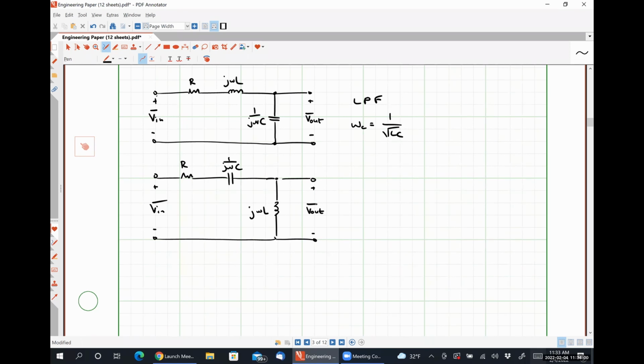So for an inductor, since it looks like a short circuit at very low frequencies, that means that Vout is a short or is 0 volts at very low frequencies. At high frequencies, the impedance of the inductor starts to approach infinitely large, meaning that it looks like an open circuit, and therefore all of our input signal gets passed to the output. And from this, we obviously have a high pass filter, where again, our corner frequency turns out to be 1 over the square root of LC.